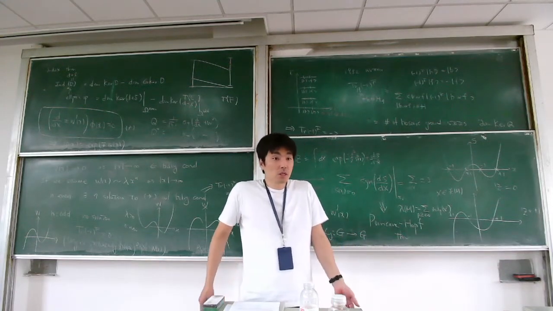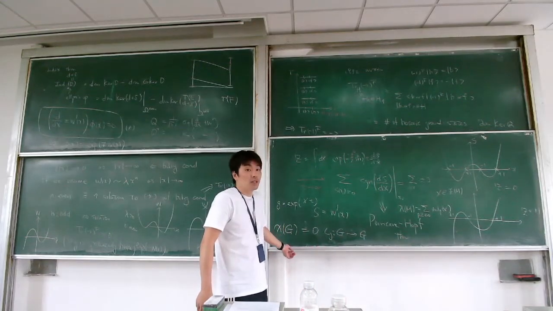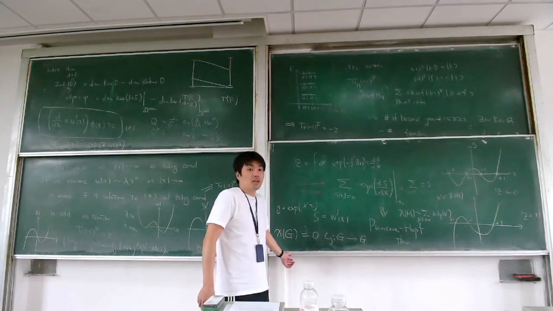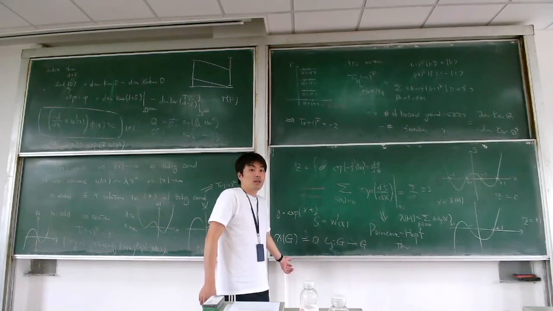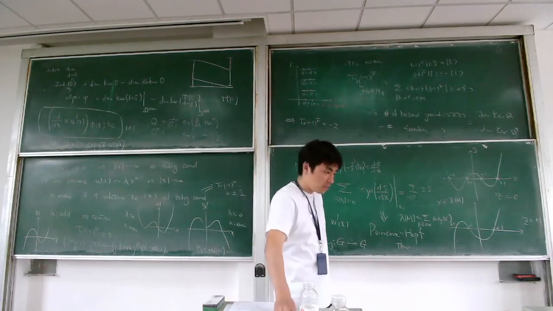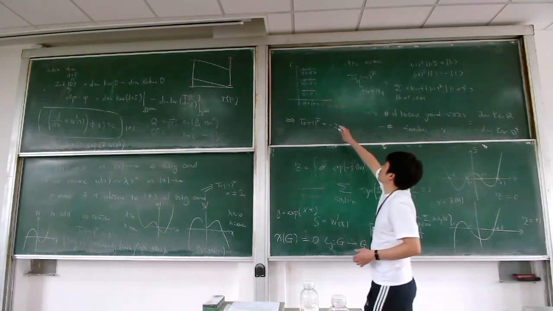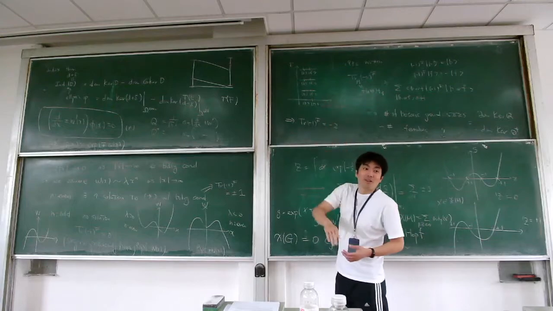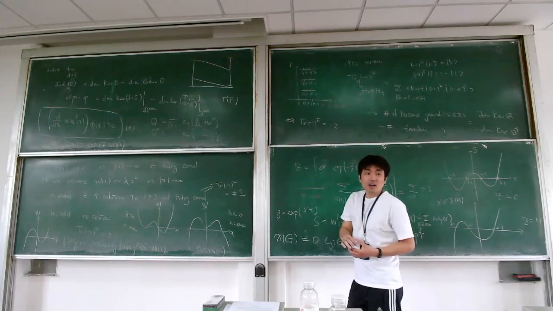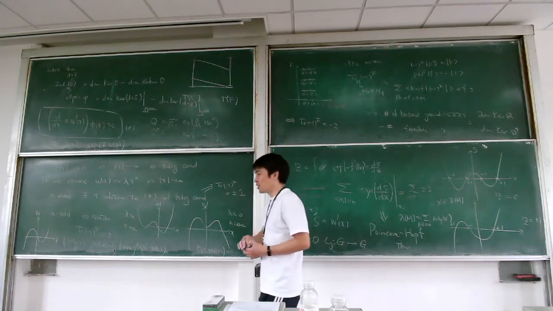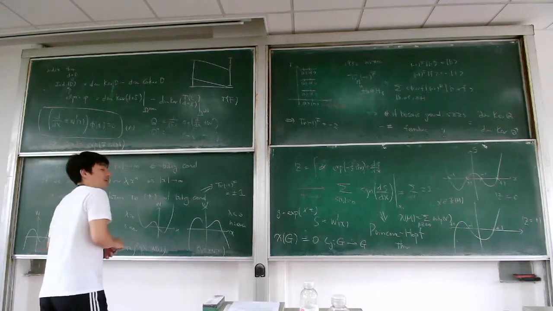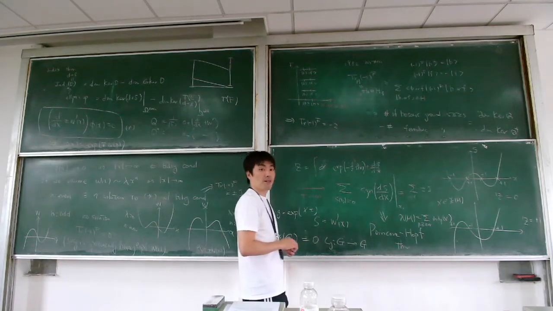Yes. The ground state is more than one; shouldn't the ground state equation follow the Pauli exclusion principle? I'm sorry, could you repeat again? In your picture, you have more than one finite ground state. So I put four. Why not say the Pauli exclusion principle?